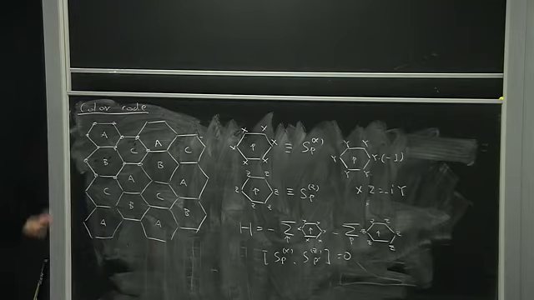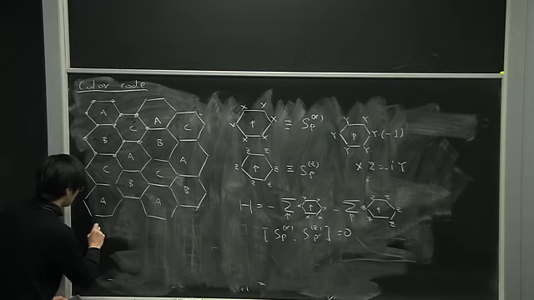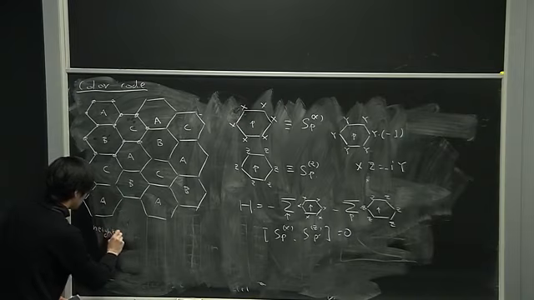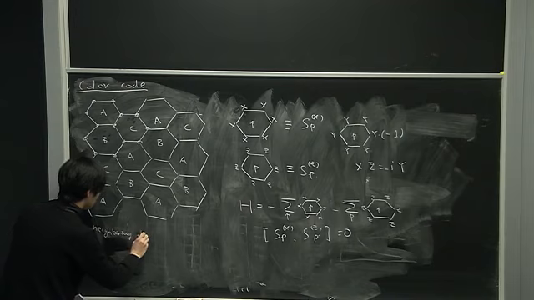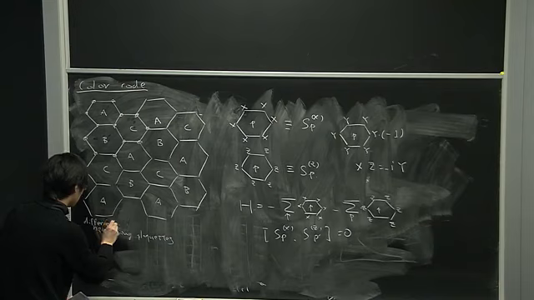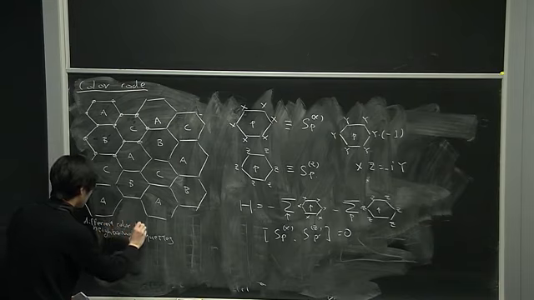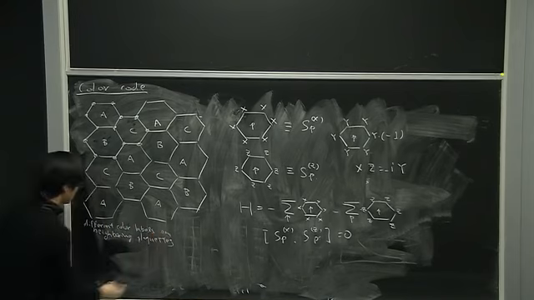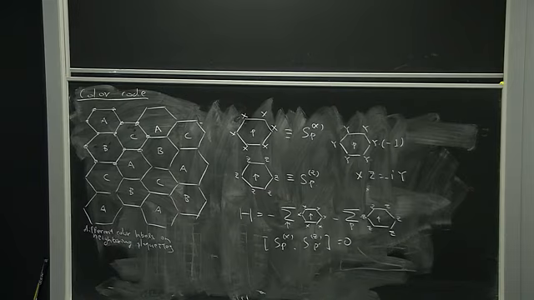The rule of the coloring is: different color labels on neighboring plaquettes. So A is, for example, surrounded by B, C, B, C, B, C, and then separated from A. Okay, so this is the color code.